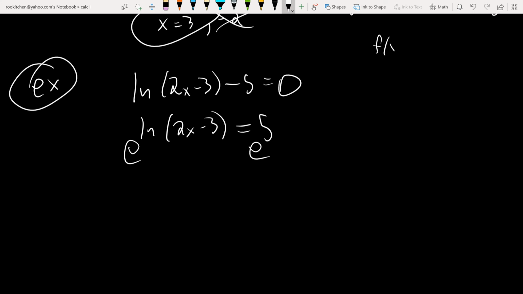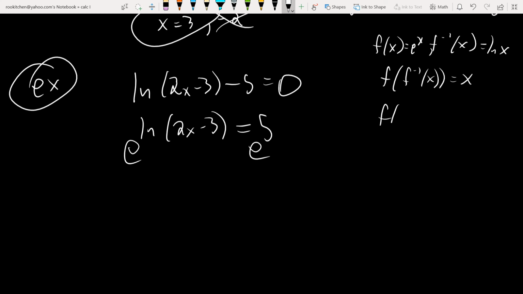If you have f of x and its inverse, f of f inverse always equals x. So if your f of x is e to the x, and f inverse of x is ln of x, what is f of f inverse of x?